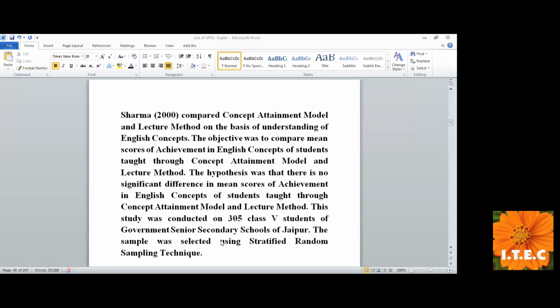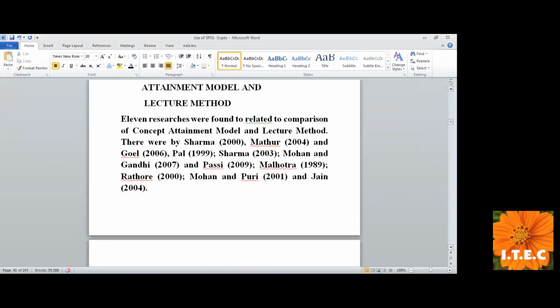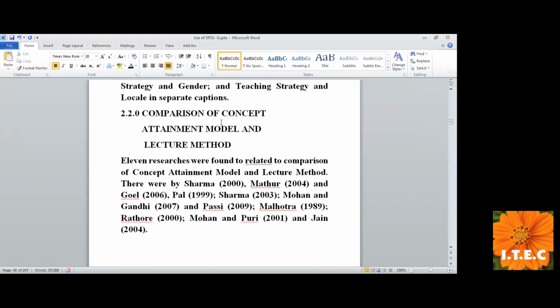Now, once you have written this, you have to see that whatever the chapter you are writing, it is related. If there are two objectives which are related, then you should write them in the appropriate caption. Here the caption is comparison of concept attainment model and lecture method.